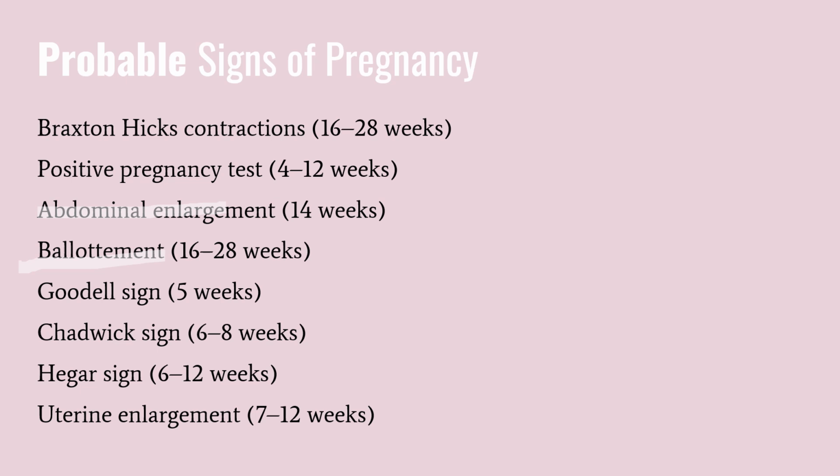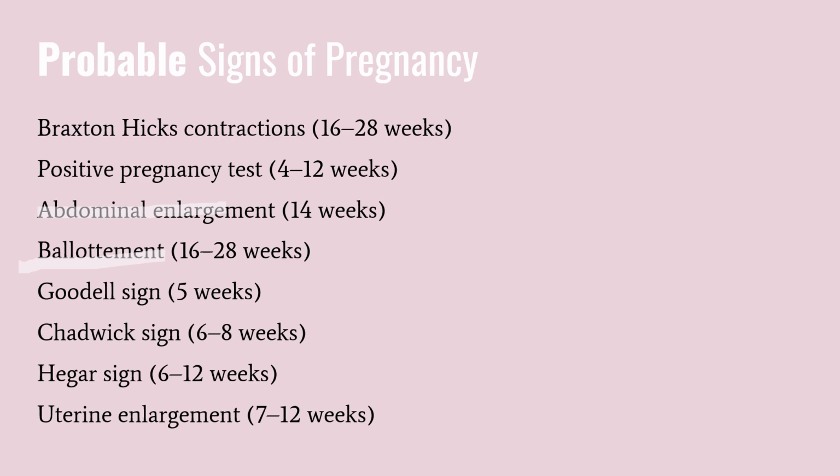Probable signs of pregnancy are those that can be detected on physical examination by a healthcare provider. Ballottement is when the examiner pushes against the woman's cervix during a pelvic examination and feels a rebound from the floating fetus. This is around 16 to 28 weeks.